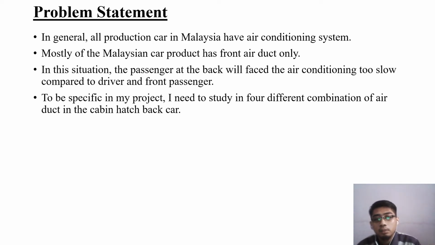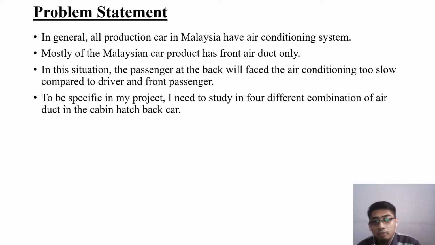Okay, next is the problem statement. First, in general, all production cars in Malaysia have air conditioning systems, but most Malaysian car products have a front air duct only. In this situation, the passenger at the back will experience the air conditioning too slowly compared to the driver and front passenger.